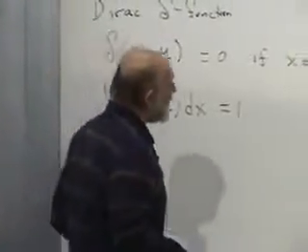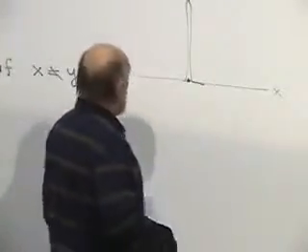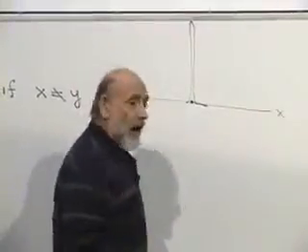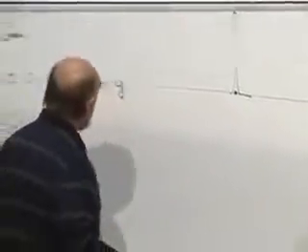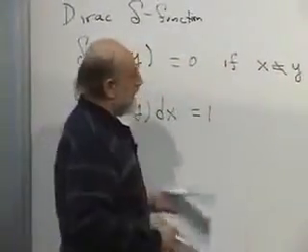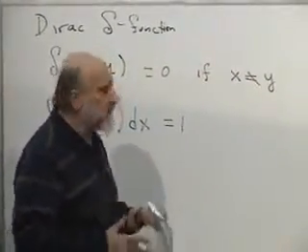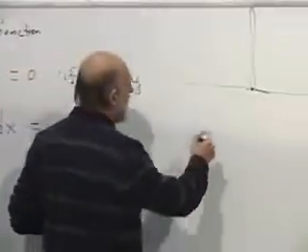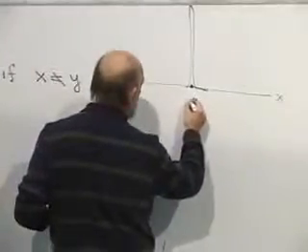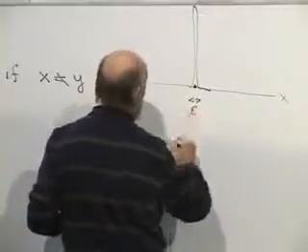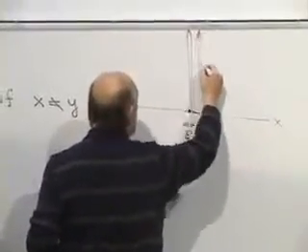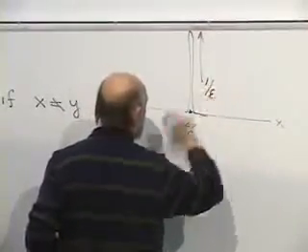If it has an area equal to 1, well, it must be infinitely high. But we can approximate it, or think of it as the limit of a sequence of approximations of functions which have a width, let's call it epsilon, and a height 1 over epsilon.